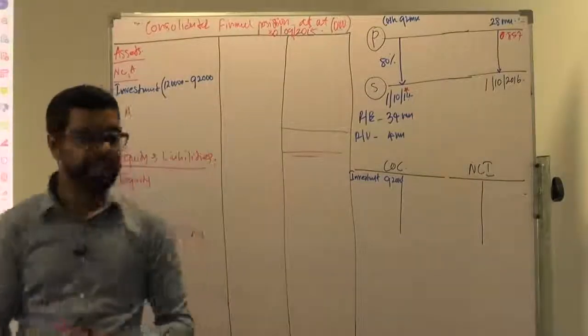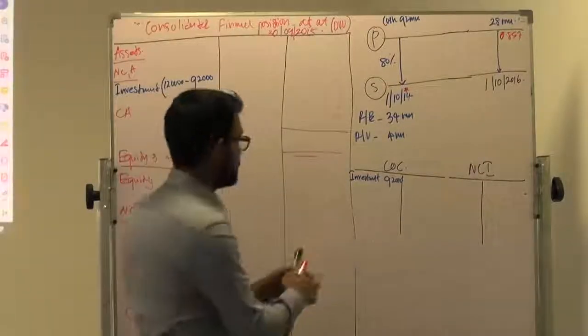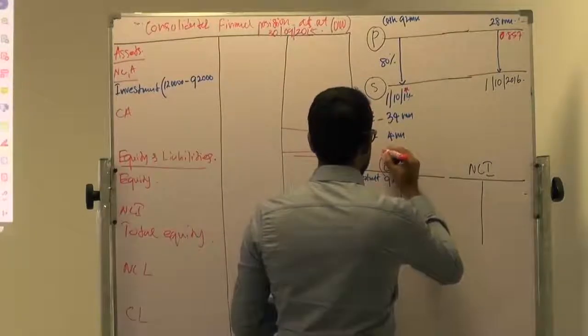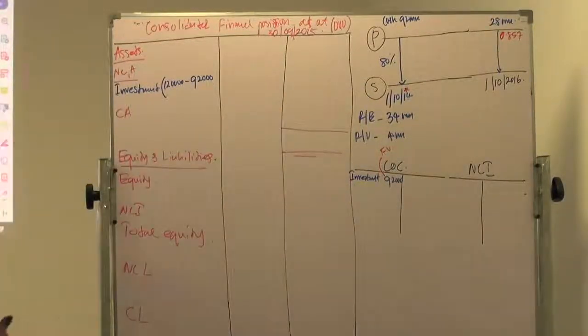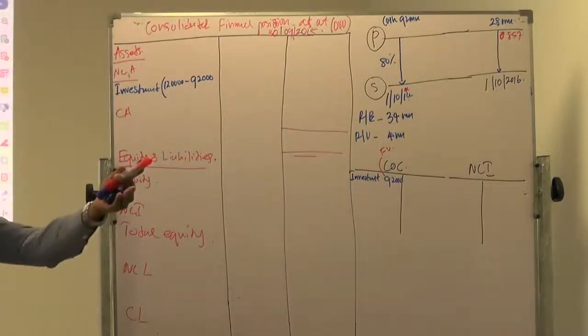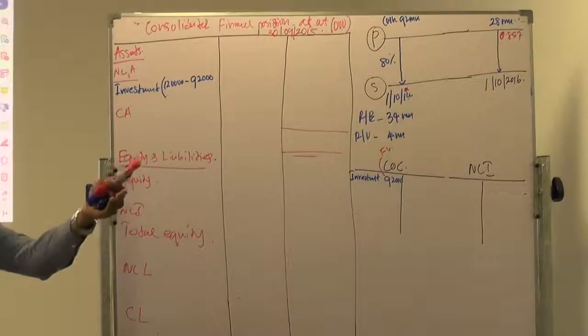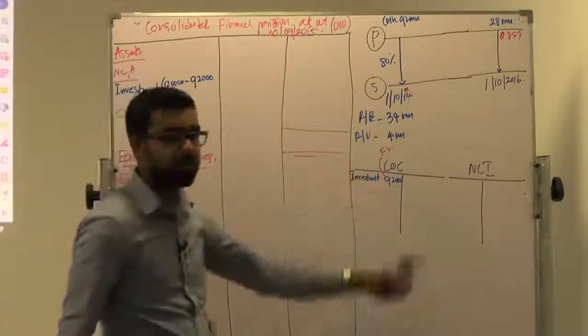Understand it: 92 million means fair value. The examiner has not explained this, but you have to understand it. When you purchase goods or services, you have to pay the current market price, the arm's length price. So here, obviously, it is the market price.